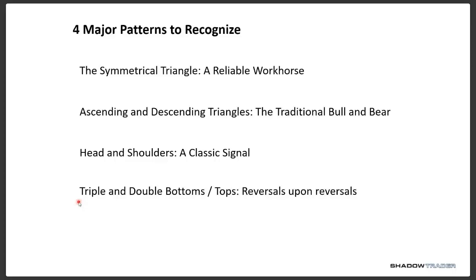The downtrend and the uptrend are almost equal and at the same angles. They come to a point. It's a reliable type of pattern. Ascending and descending triangles. I've talked about those in our trades. Traditionally bullish and bearish type of signals that you want to understand.